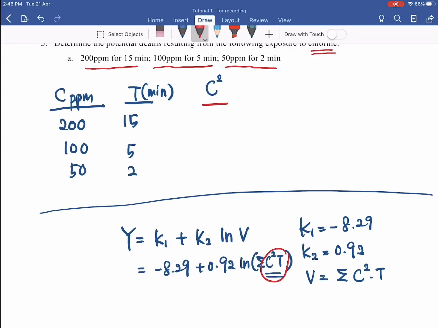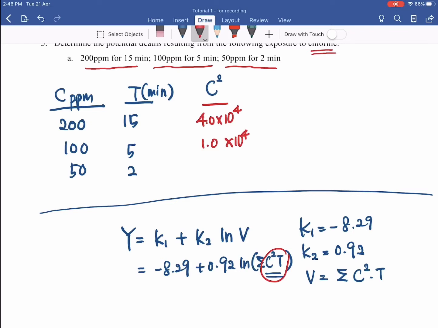So C to the power of 2 will have 4.0 times 10 to the power of 4, because 200 times 200 gets you 40,000. Then we have 100 to the power of 2, so you will have 1.0 times 10 to the power of 4 as well.